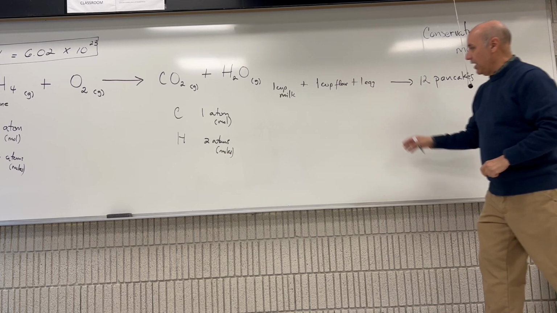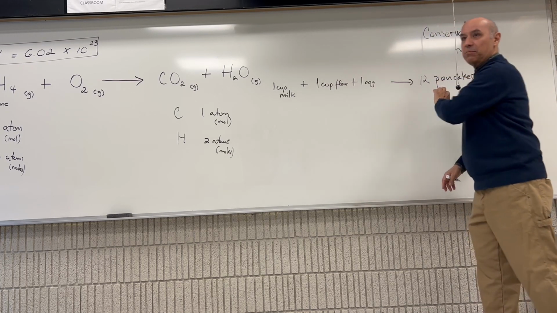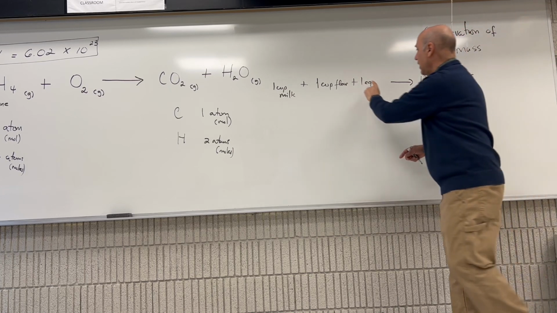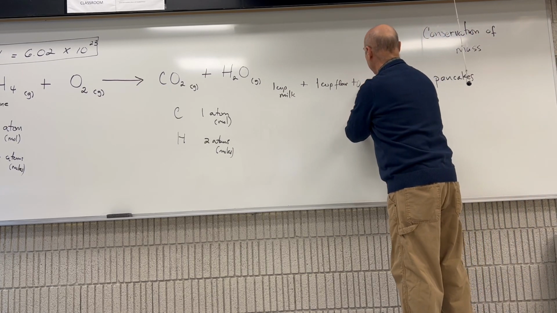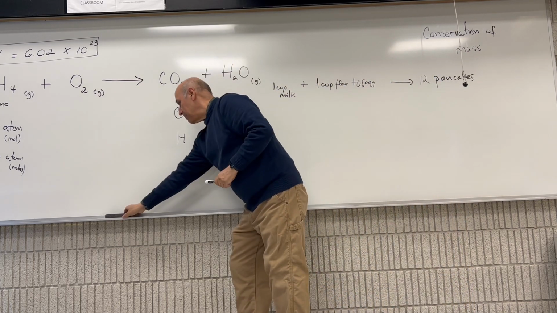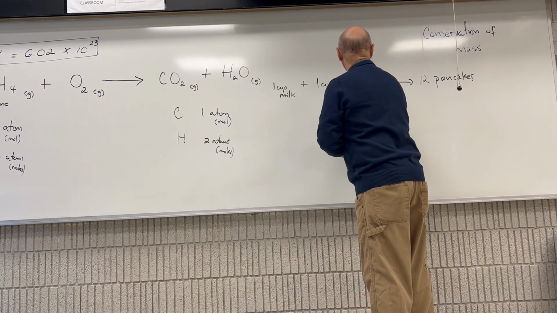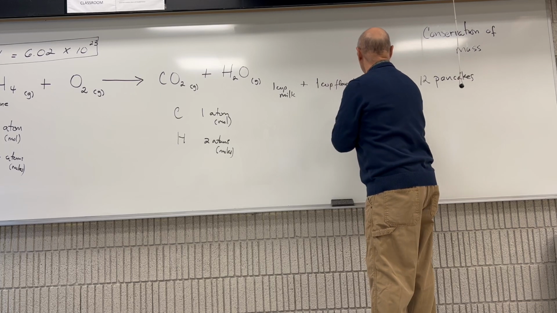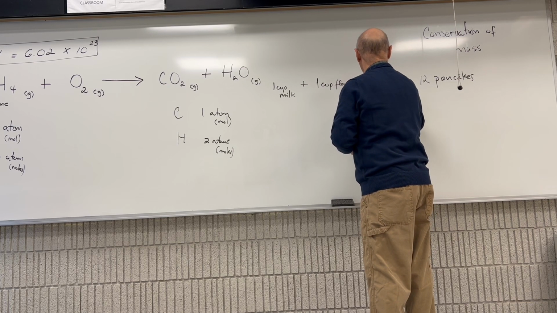If I don't have 1 egg, I cannot make 12 pancakes, right? If I only have 0.5 eggs, 1/2 an egg, I'm at a block. Maybe that doesn't work very well as an analogy. Let me put it back as 1 egg.